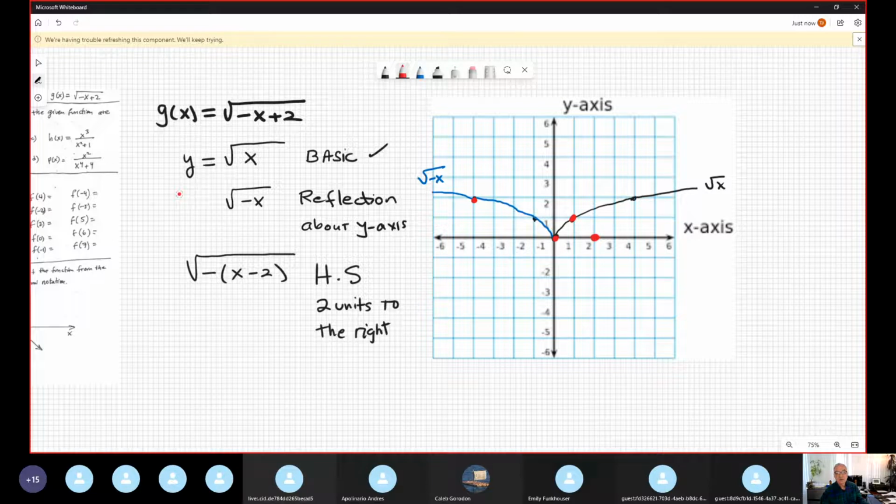That point is -4, now -2, comma 2. So this is my graph, it looks like that. This is the graph of this function, done approximately, by hand.